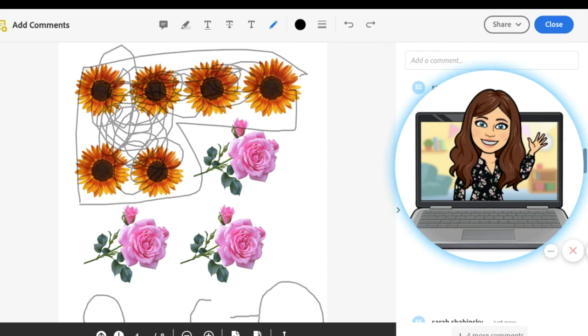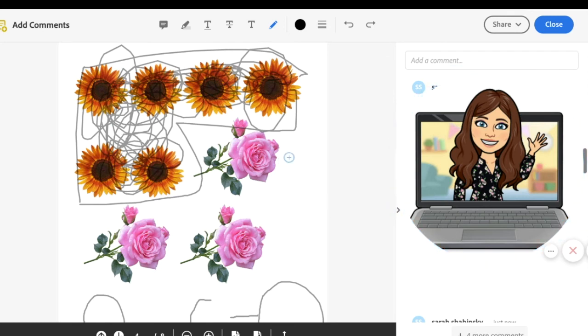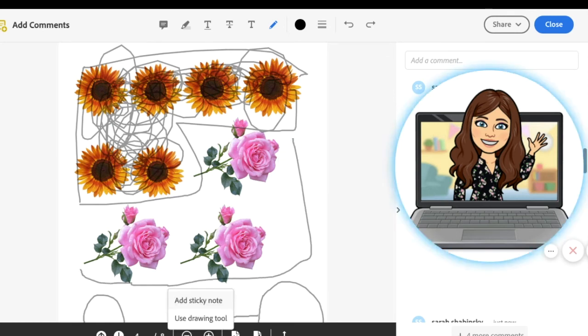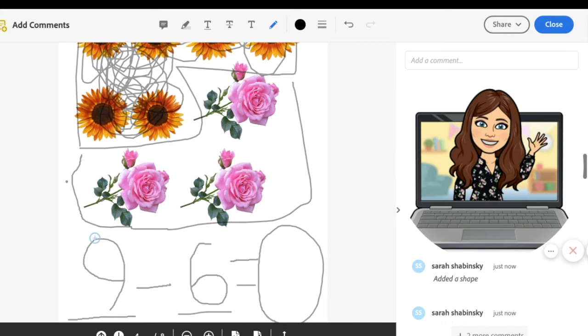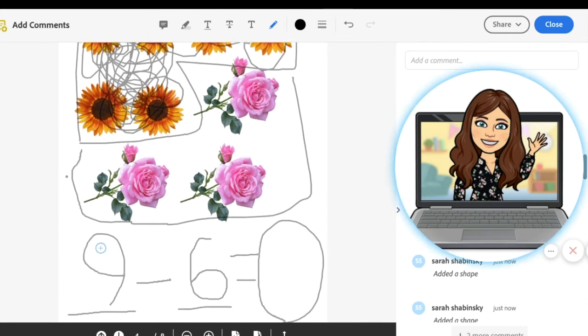So I'm going to draw through all the sunflowers to indicate that we're taking them away, we're separating or subtracting them. And then this amount of roses that is left over without scribbles is the total amount of roses in the garden, or the total amount that we have in our number sentence for 9 minus 6. Keeble Cubs, how many roses are there? What do you count?